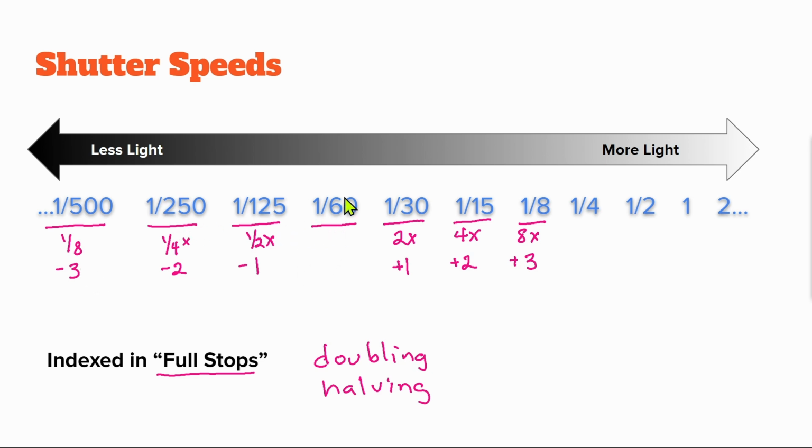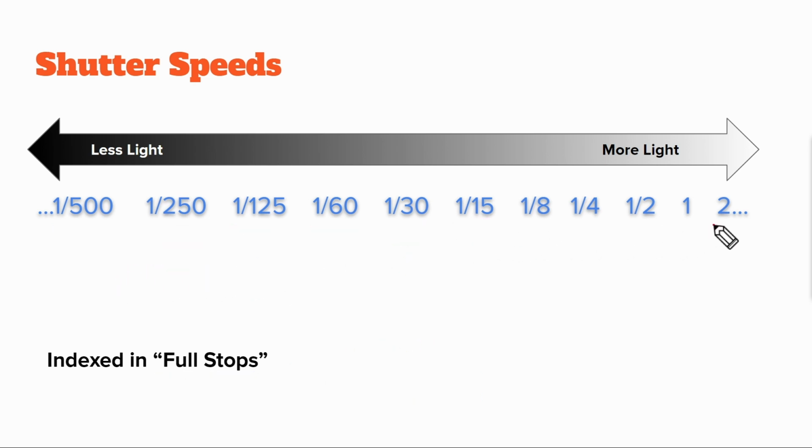Now it doesn't matter which shutter speed we start from when we're talking about stops. In this case, we started with 1/60th of a second, which would be our base exposure at 0. And then we're adding 1 stop, 2 stops, 3 stops, or subtracting 1 stop, 2 stops, 3 stops. However, let's say we started with a base exposure at 2 seconds, all the way at the other end of the scale, and we wanted to decrease the exposure by 2 stops.